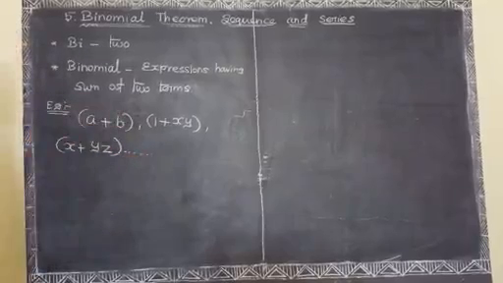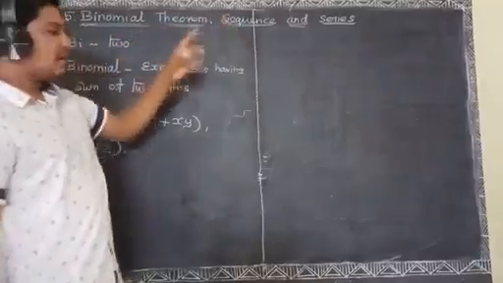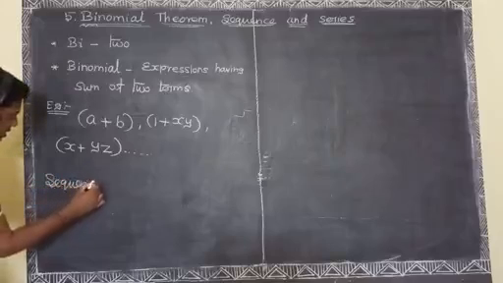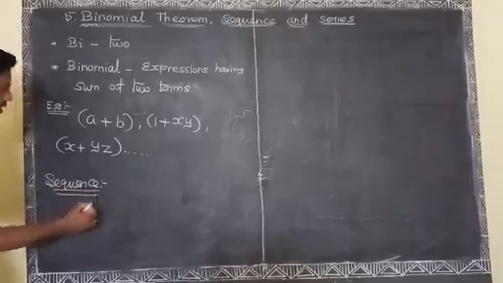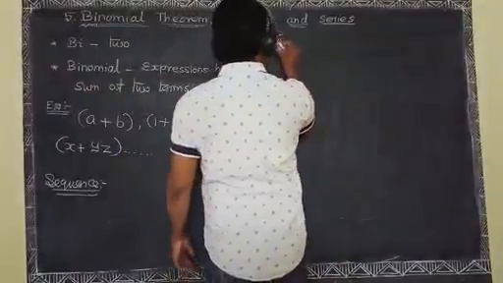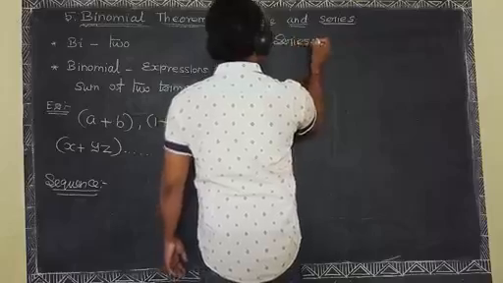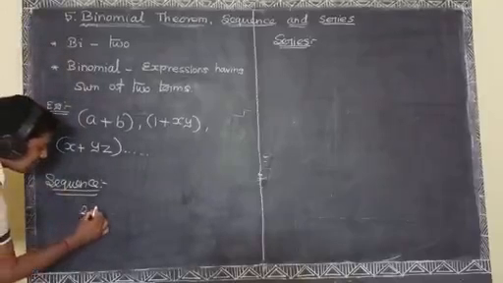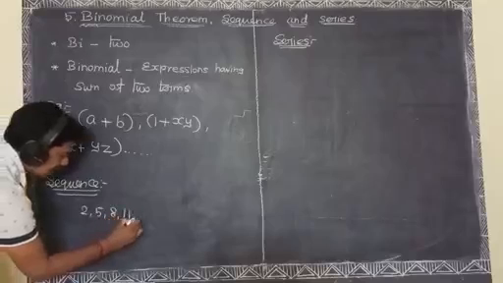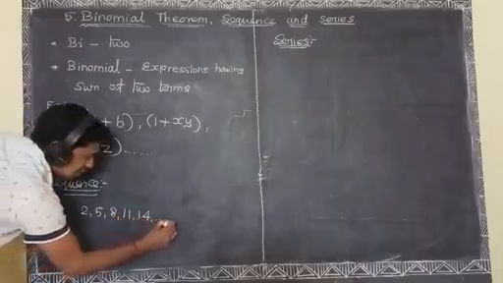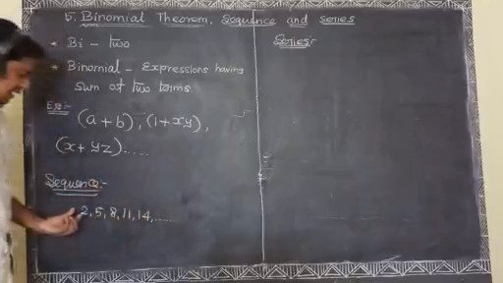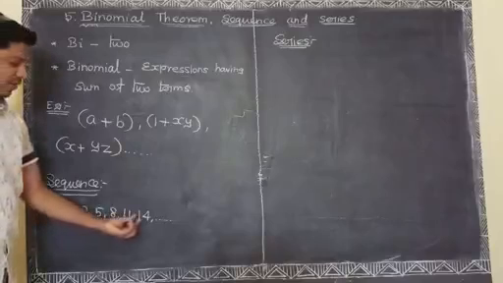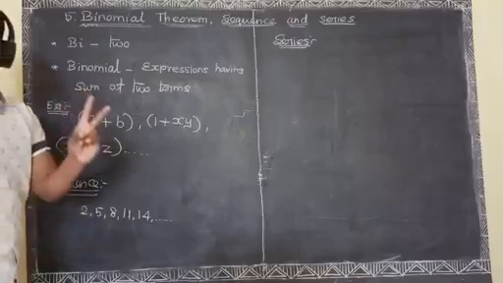What is meant by sequence? Sequence and series. Sequence means, for example, 2, 5, 8, 11, 14, and so on, numbers separated by commas like these.